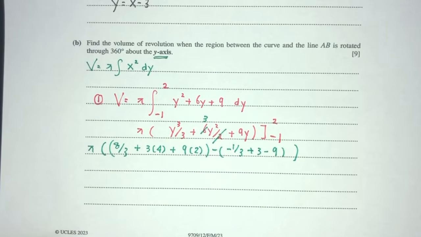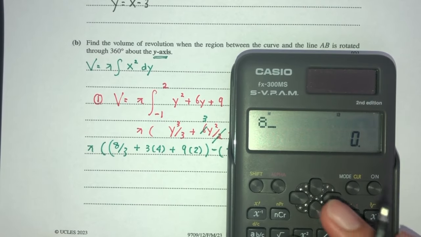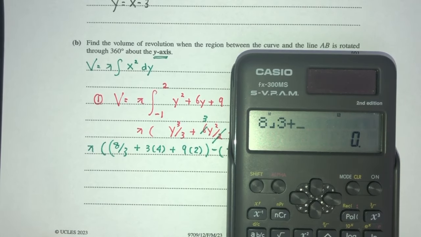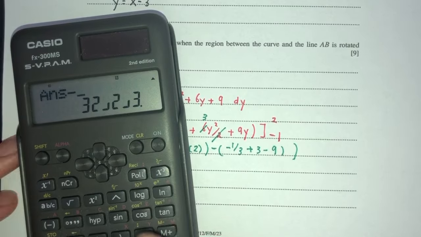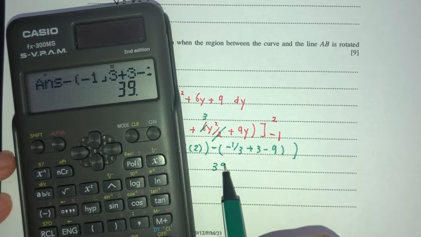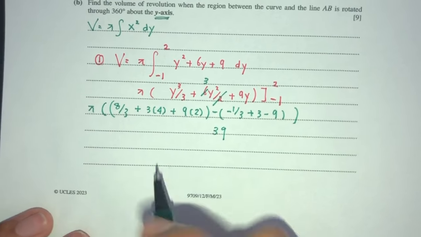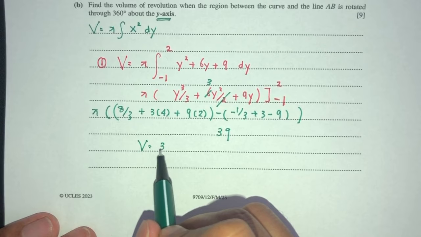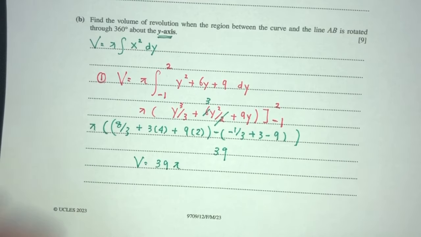Now simplify: 8 over 3 plus 12 plus 18, minus 1 over 3 plus 3 minus 9. That should become 39 as your volume. So the volume of this one will be 39 pi, to begin with.